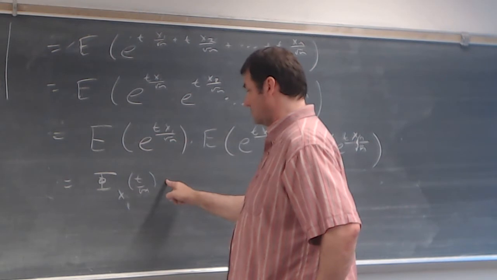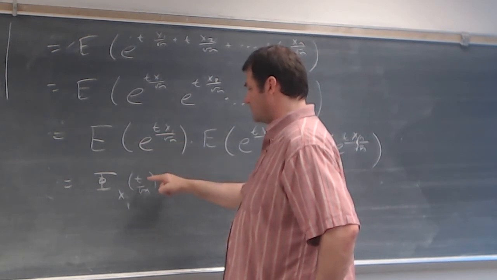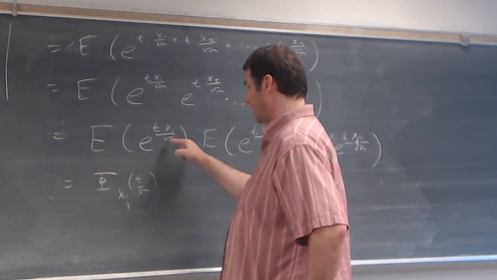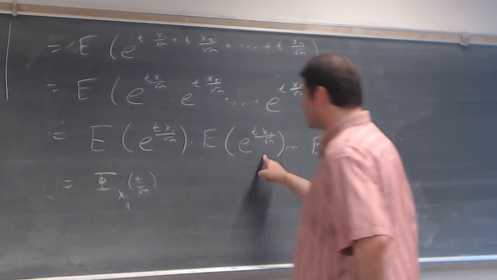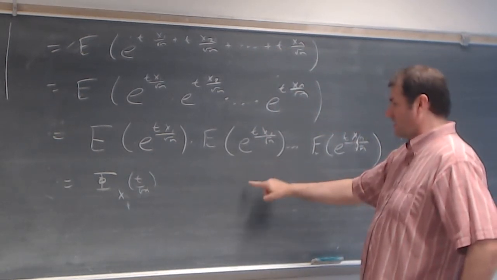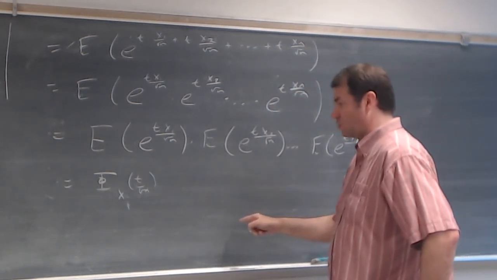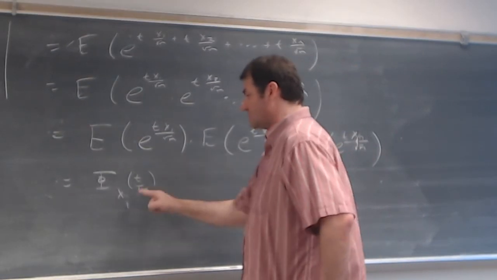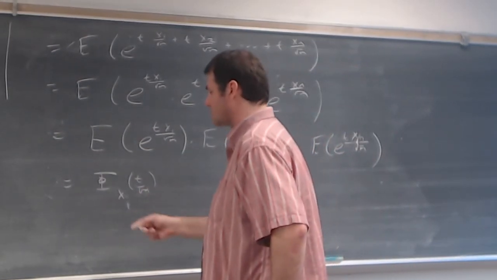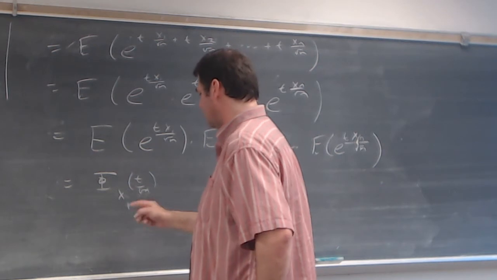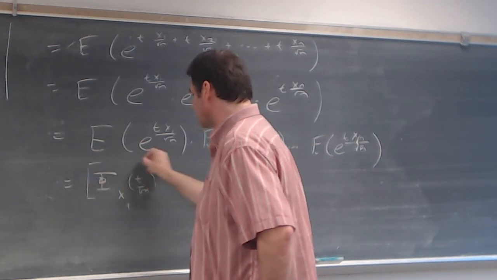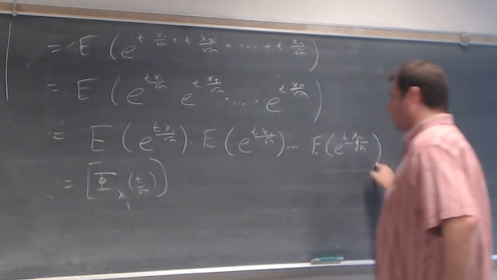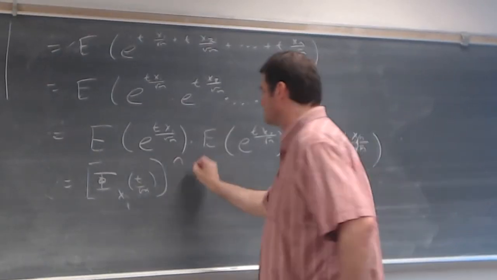It would be e of t over the square root of n times x sub 1. But that's exactly what we have. The next one is the same thing, except I'm going to have phi sub x sub 2. But they're the same as each other, because of the identically distributed nature of these random variables. So it's this guy, and how many of them do I have? I have n.